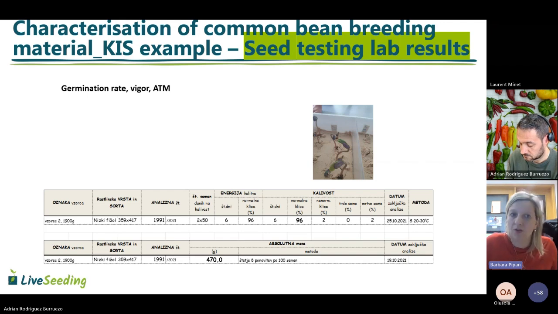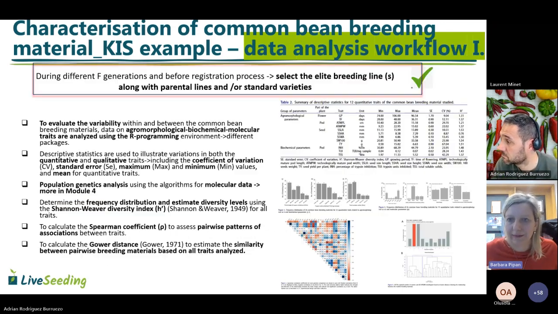So this is the germination rate, the germination vigor, the absolute 1000 mass, and here at the bottom you will see the report from our ISTA accredited seed testing laboratory. It's in Slovenian language, but nevertheless, do not bother with that. It's very important that we also have the results of this analysis. Okay, so please, Adrian, move to the next slide.